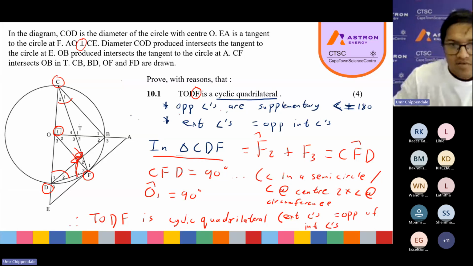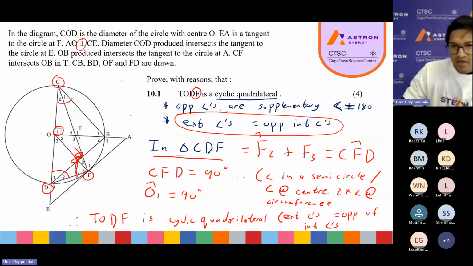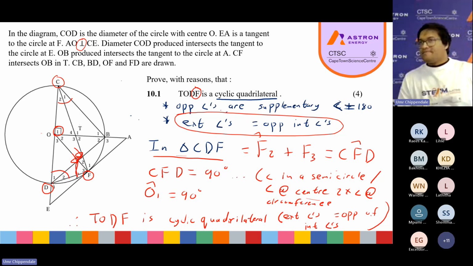This follows along with this over here. So because we know what this is, we said TODF, and this is the angles outside, and that's where you can get your reasoning. Okay, so we've understood that one as well.